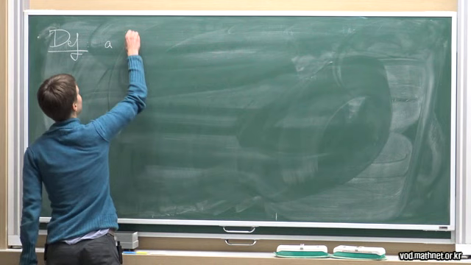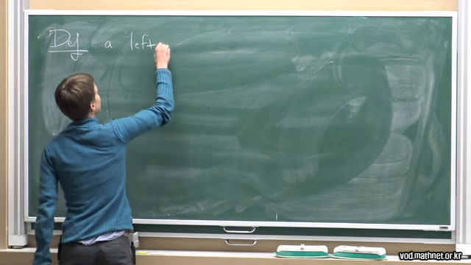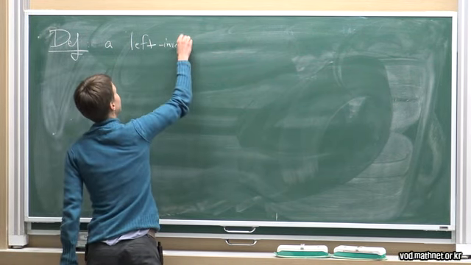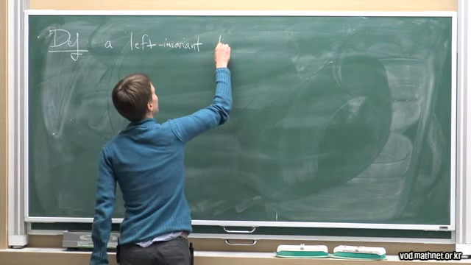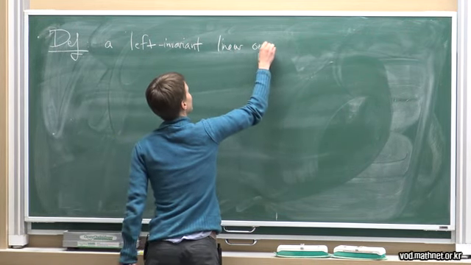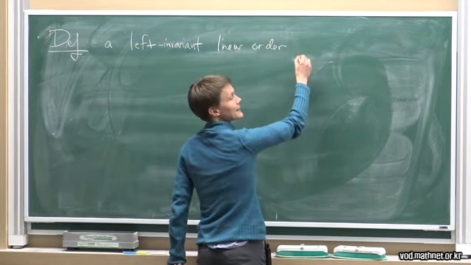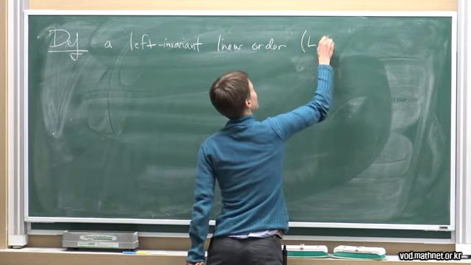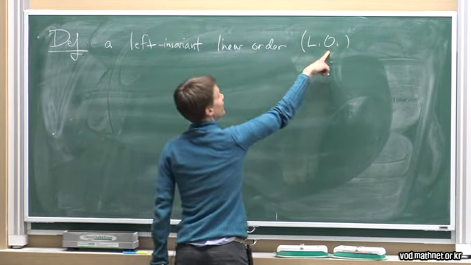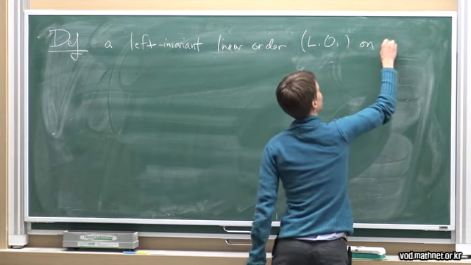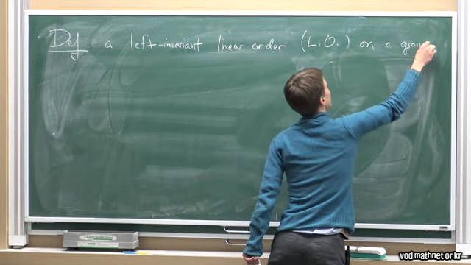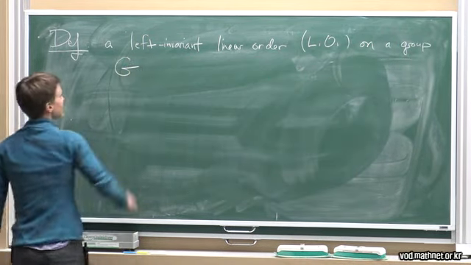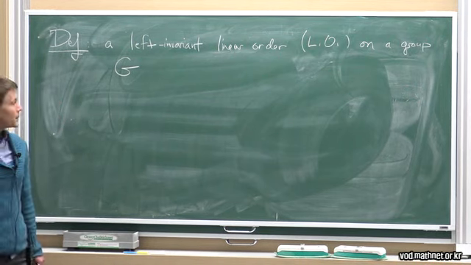A left invariant linear order, which I'll just abbreviate to LO, on a group G is, well, it's exactly what you might expect.